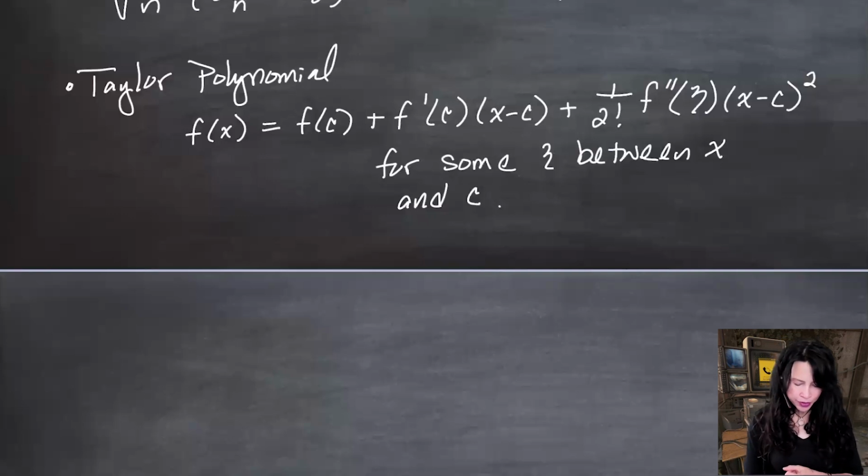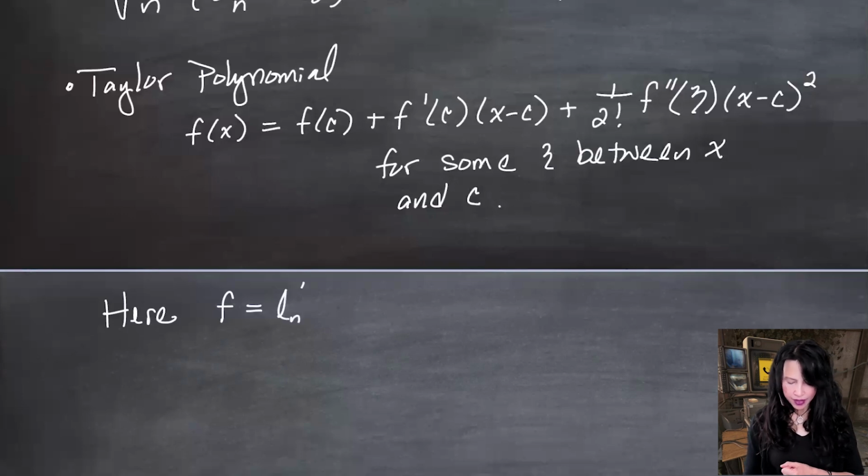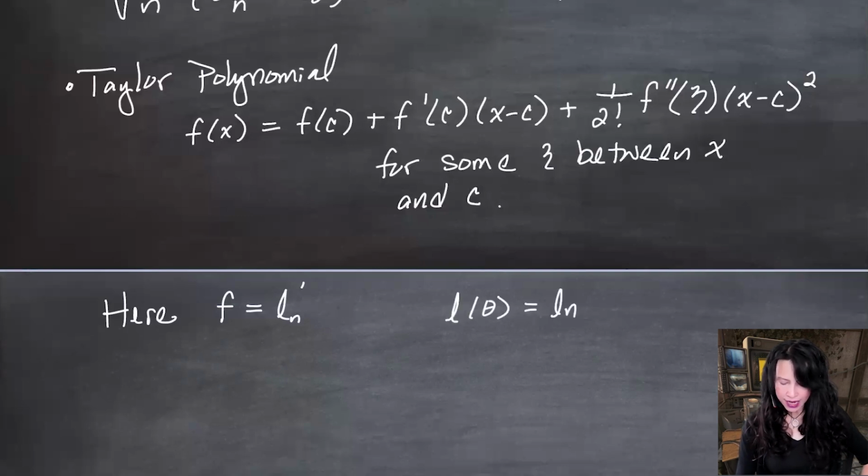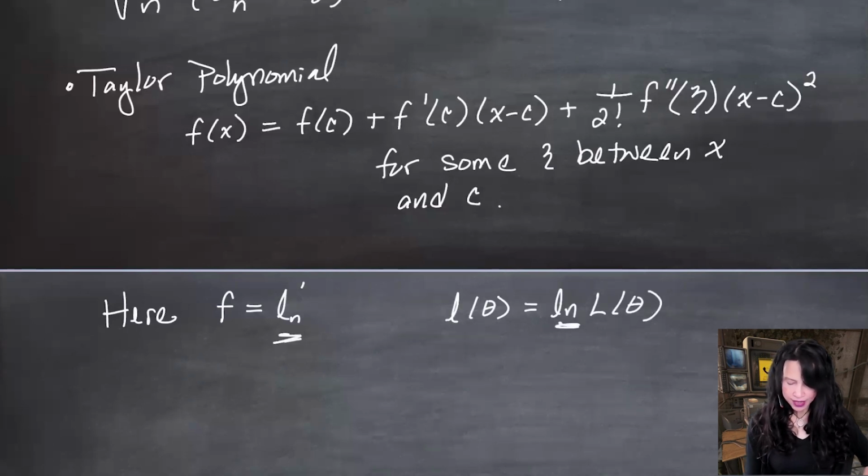reviewing a Taylor polynomial. Here, the f is going to be L sub n prime. Now, if I get too sloppy here, that's going to be confusing. I'm continuing with our notation from last time. We have a log likelihood, which is like ln of the likelihood. And I realize this looks a lot like this, but what this is f of theta equals ln prime theta.